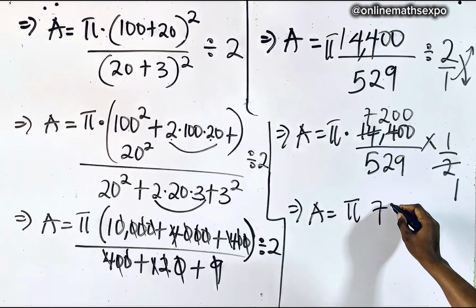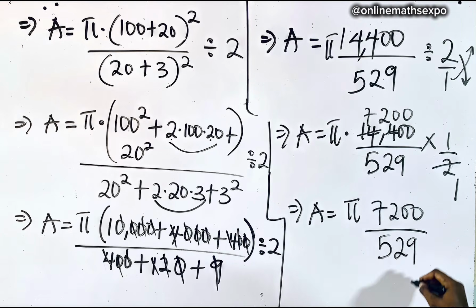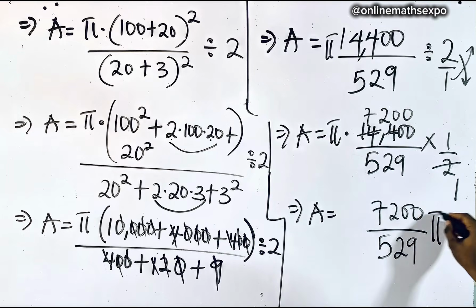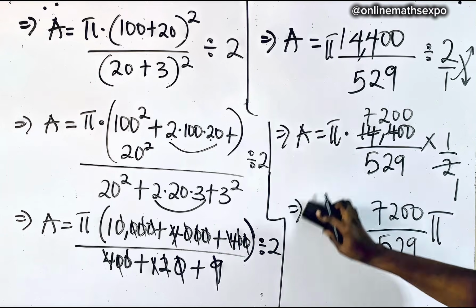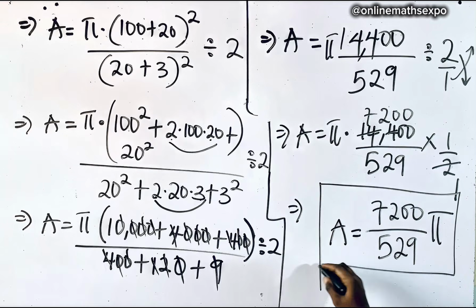So we have 7,200 over 529. So this is what we have for the area of this particular semicircle. This is left in terms of pi, and remember, it's in square units.